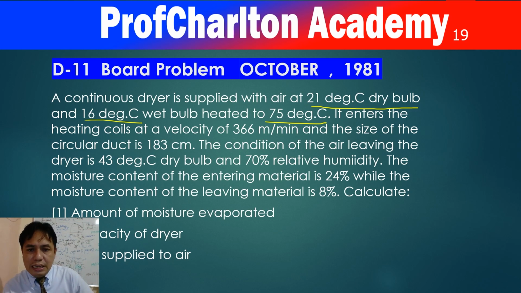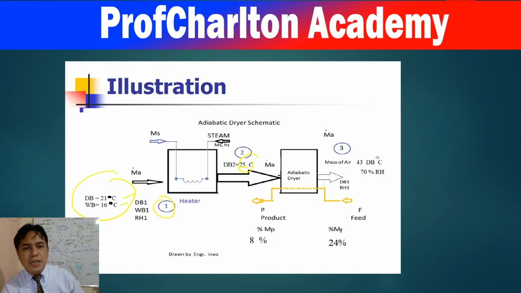So here, what is given is the velocity of the air entering the heating coil, 366 meter per minute, and the size of the circular duct, meaning there's a ducting, 183 centimeter. Next, the condition of the air leaving the dryer. Where is that? Leaving the dryer is what?